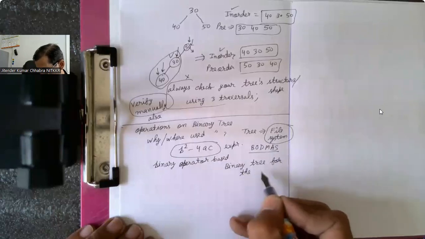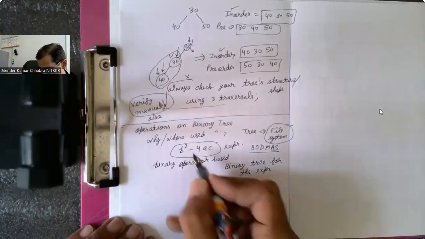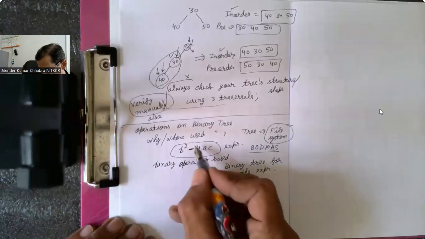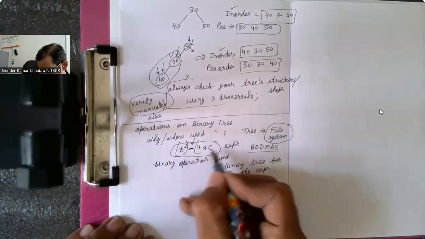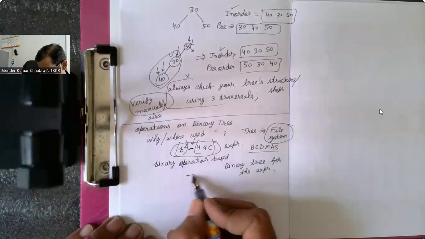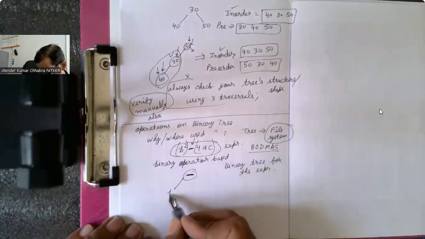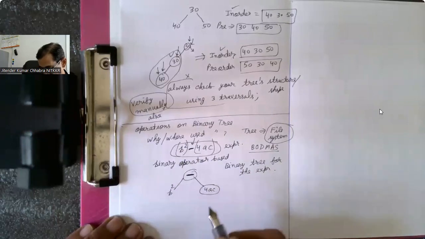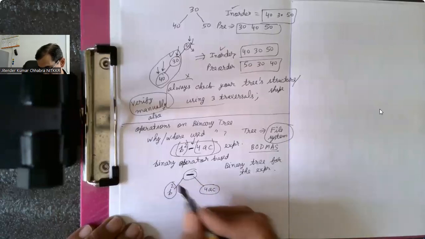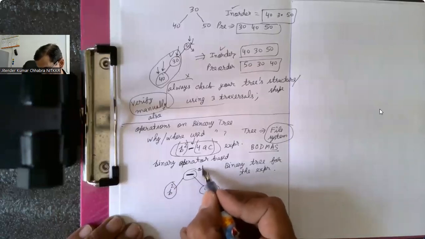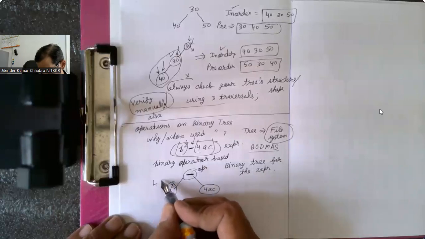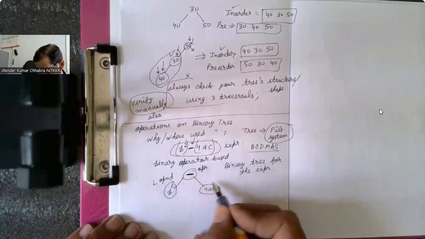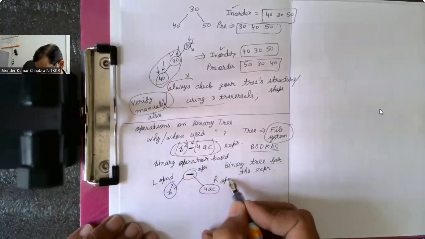And that will be used to do the evaluation. For example, it says minus is to be applied over b square and 4ac. So minus will come in between and it will have its left operand this side, right operand this side. Recursively the same definition again applied. So you have here the operator, here the left operand and here the right operand.